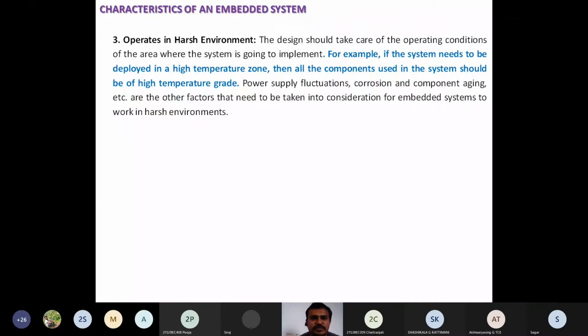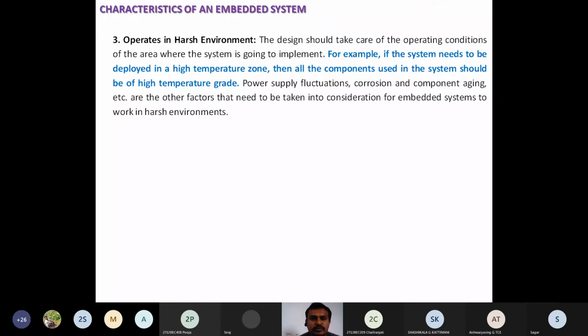So for example, it is not only high temperature, there are so many harsh environments we are going to observe. It is corrosion. It may happen to any component, any part of the component. Then the power supply fluctuations. Obviously, in the villages we are going to observe there are power supply fluctuations.